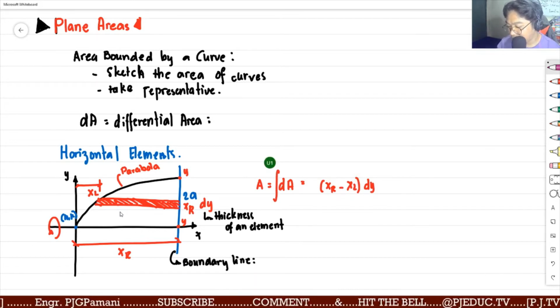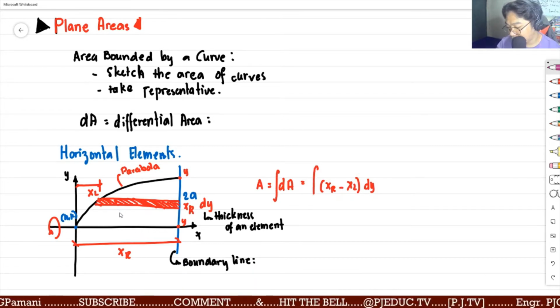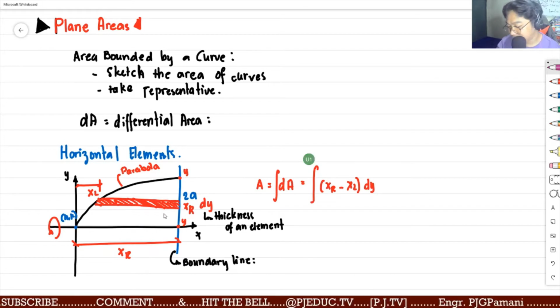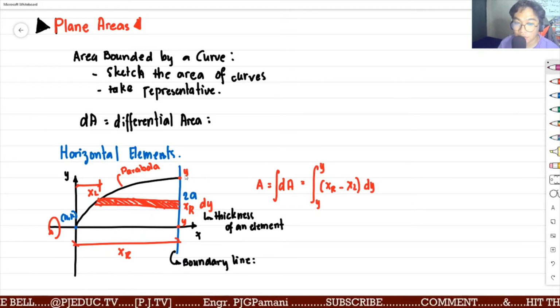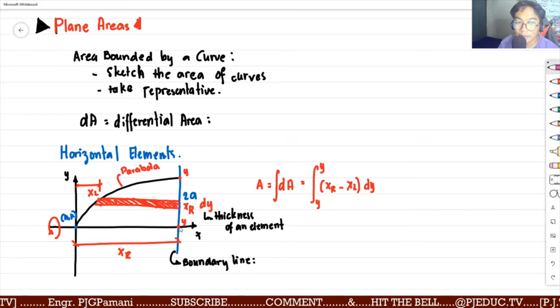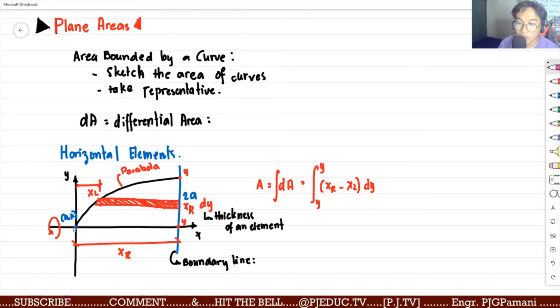And your limits are y1 to y2, from this point to this point. So this is the lower limit, this is the upper limit. If your curve is in the negative quadrant, then the maximum limit is 0.